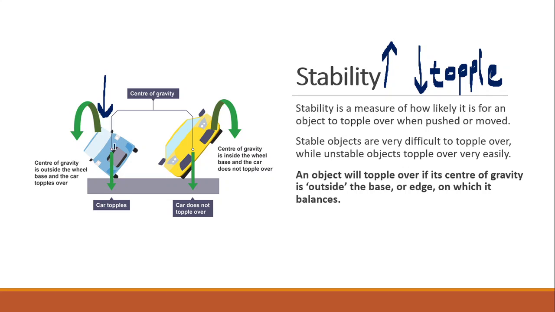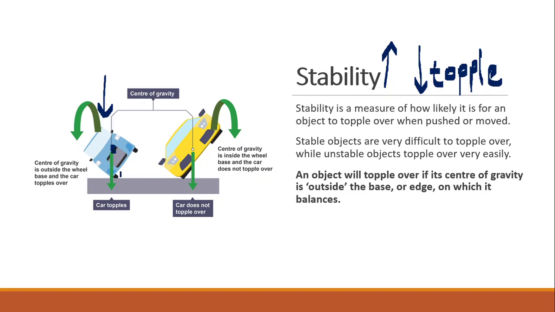Now, we need to see that this point over here is the center of gravity. So we say that over here the mass is acting right on this line. Now, this point where the wheel is at is basically the pivot point, or the edge over which the car is going to topple, because the car is going to rotate through it.